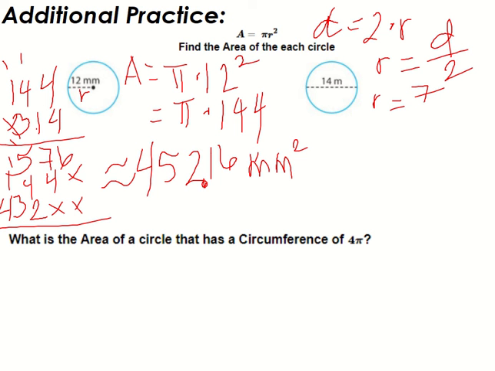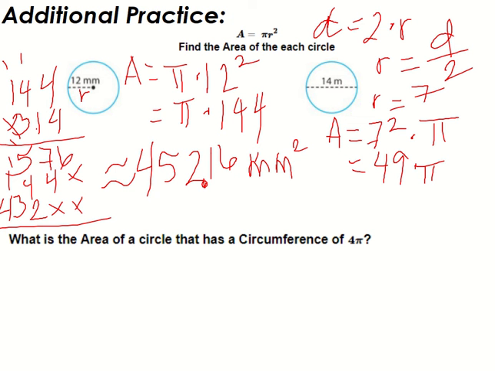Right? We're going to do area equals 7 squared times pi. So I'm going to set it up for you, and then I want you to go see if you can solve. All right, so you should have gotten that this was 49 times pi. Okay, right, because 7 squared is 49.